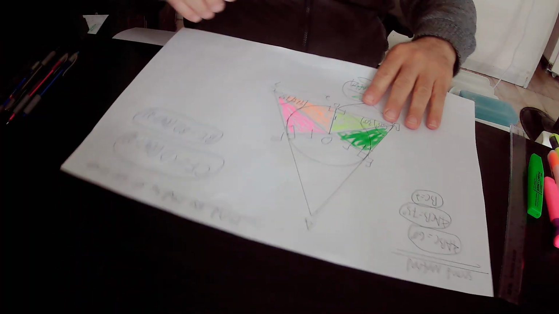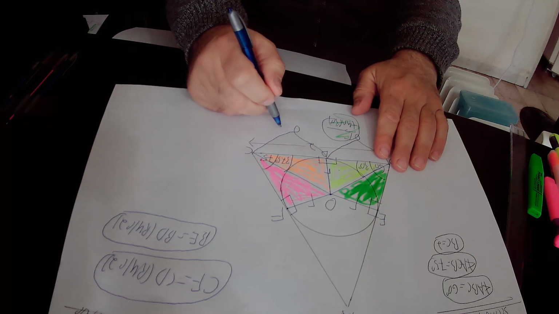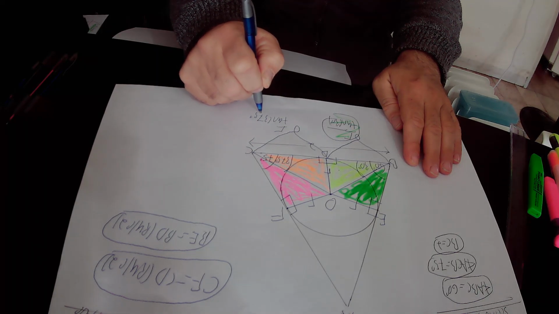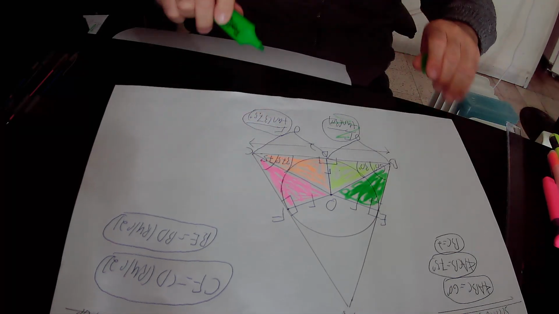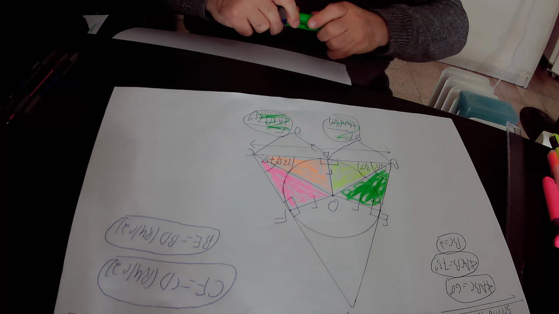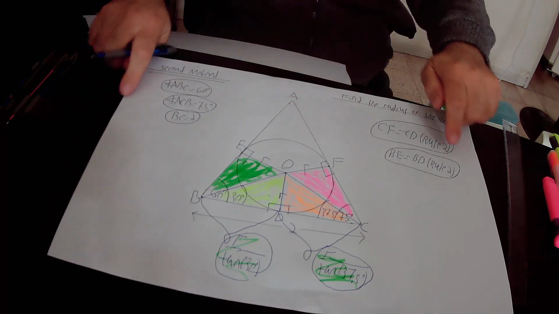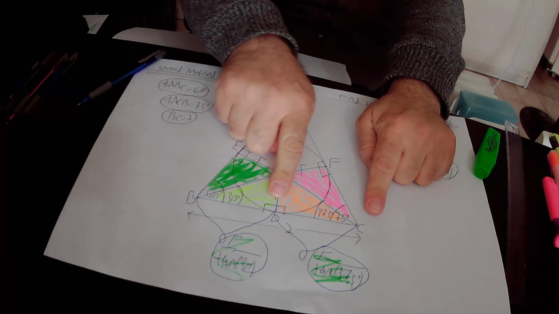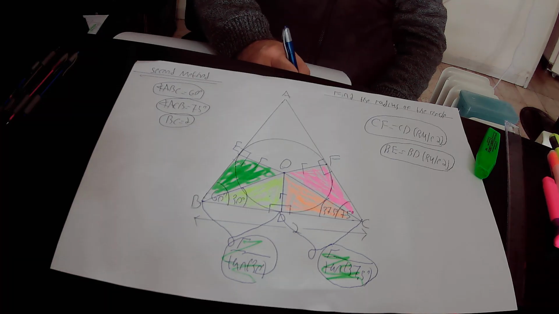DC equals R over tan 37.5 degrees. From the drawing, it is very easy to see that BC equals BD plus DC. Again, BC equals BD plus DC. So I write it down.